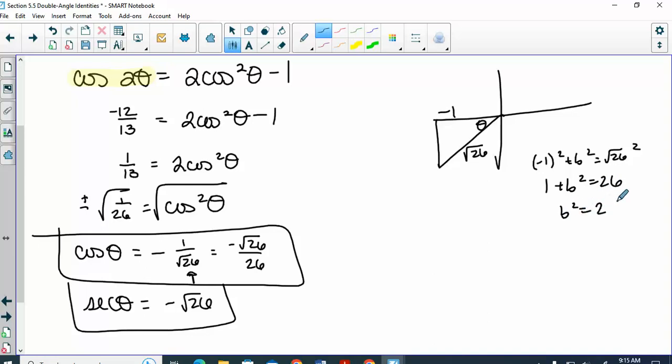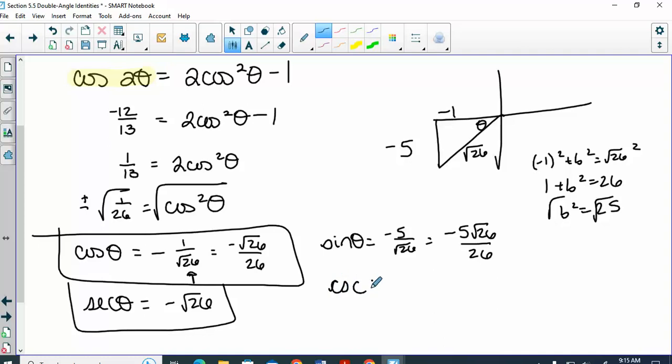So b squared equals 25. Would it be a positive or a negative? Negative, because you went down. So then sine, opposite over hypotenuse, is negative 5 over radical 26, or negative 5 radical 26 over 26.